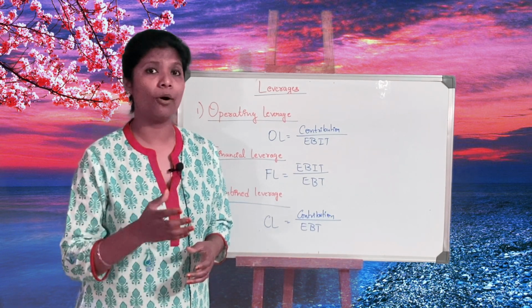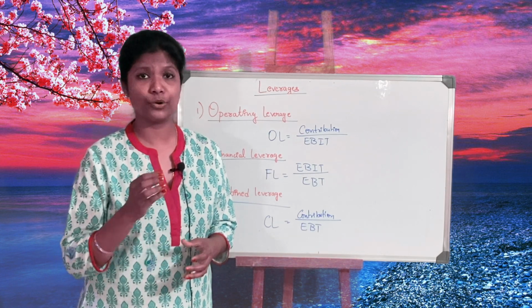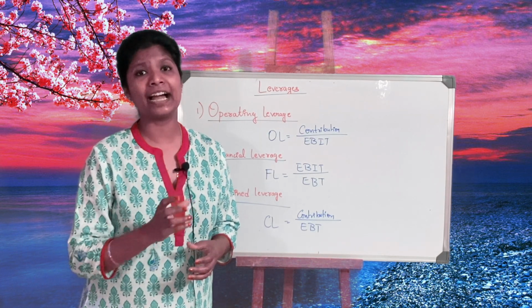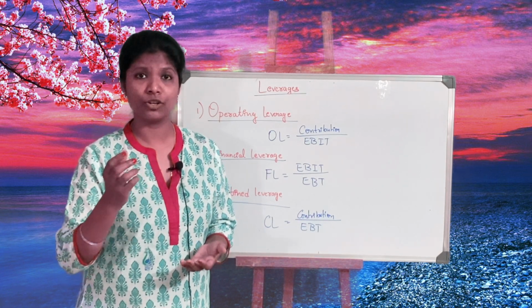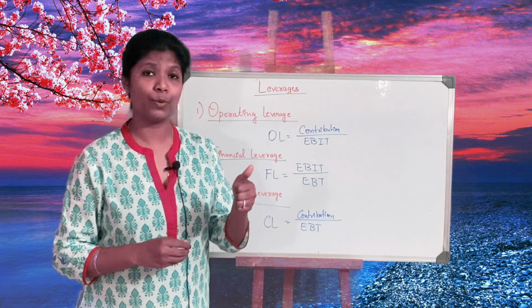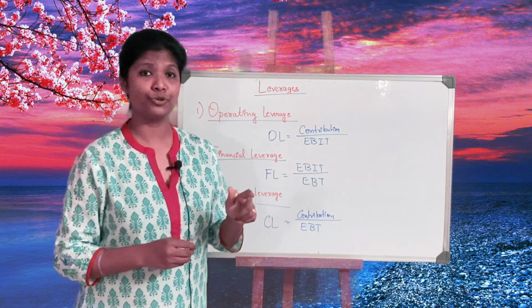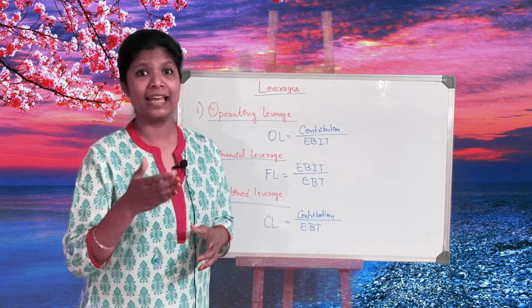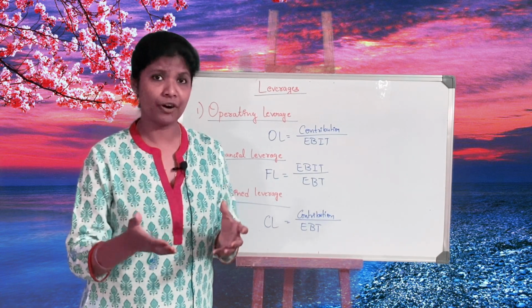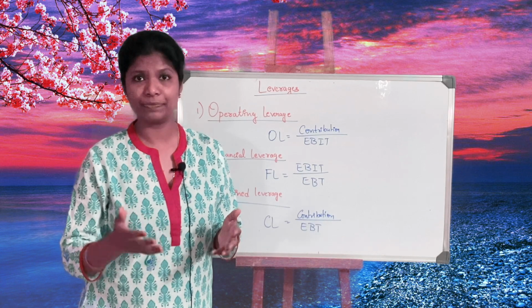That is called operating leverage. Your business is able to run smoothly because you're able to pay off, number 1, your variable cost and number 2, your fixed cost. So operating leverage checks the basic functioning of a company or a business.